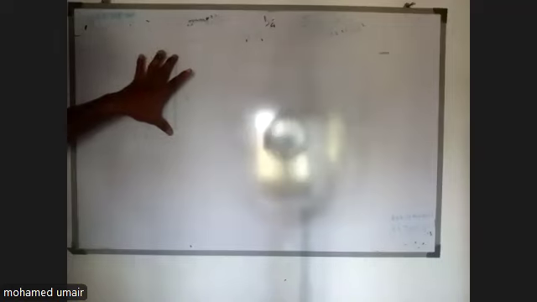Did you try? Alright, it's fine. So if you look here, the entire length of this is L. There is a certain mass at an unknown distance.